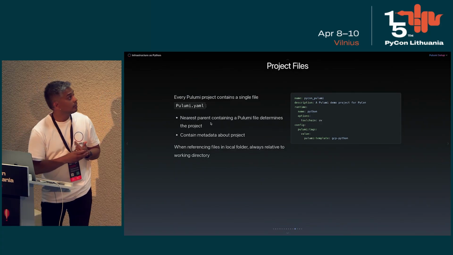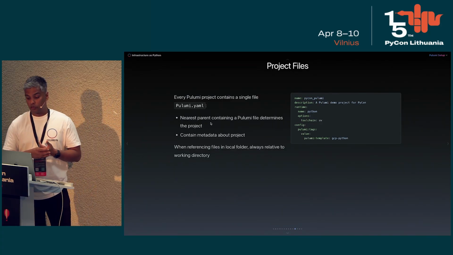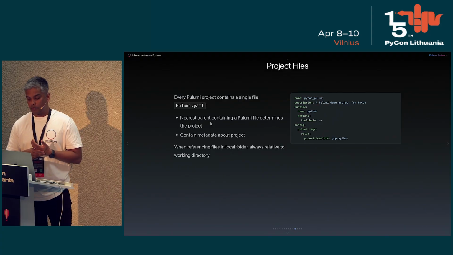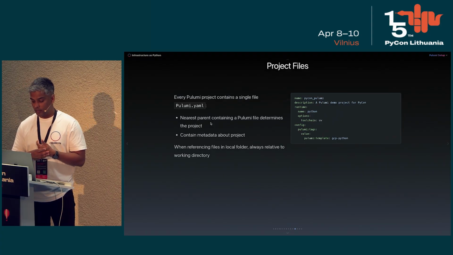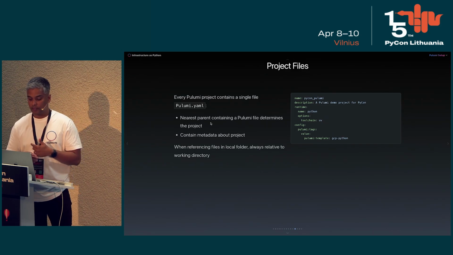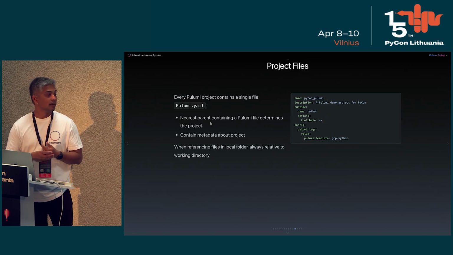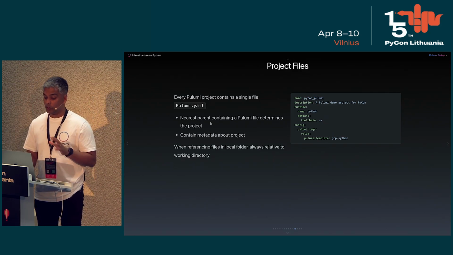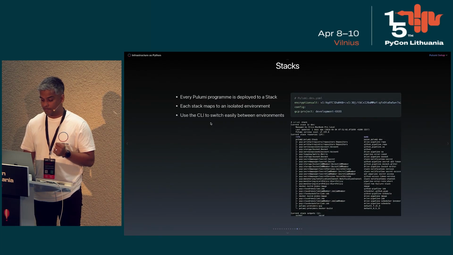So, for example, you can see that I've specified UV to be used as the toolchain or the package manager. It also has the template that started this project off, but you can also add in additional configuration here, which will apply to all stacks in your project.